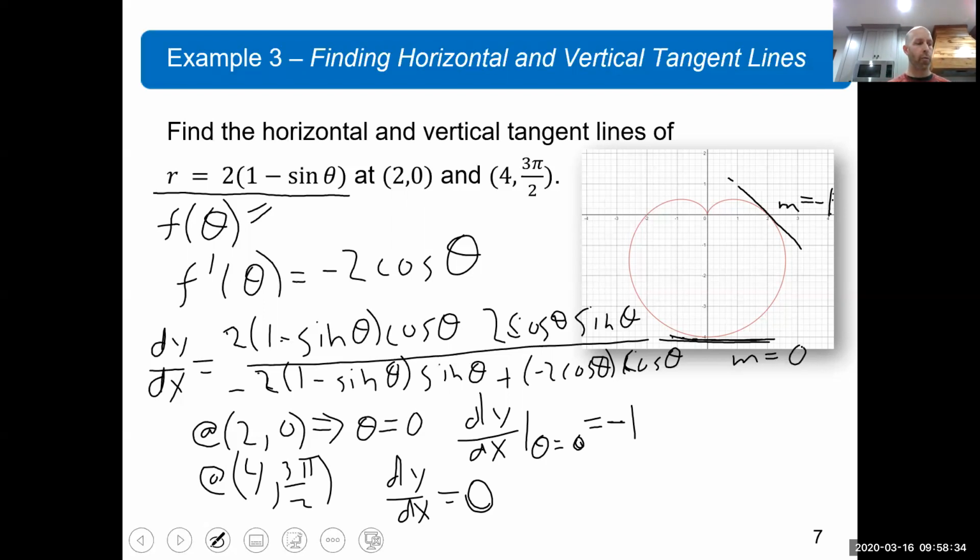So I would encourage you to go back and check my math, my work, if you will, on that derivative. But you will find that the slope at 2, 0 is negative 1, and the slope at 4, 3 pi over 2 is 0.